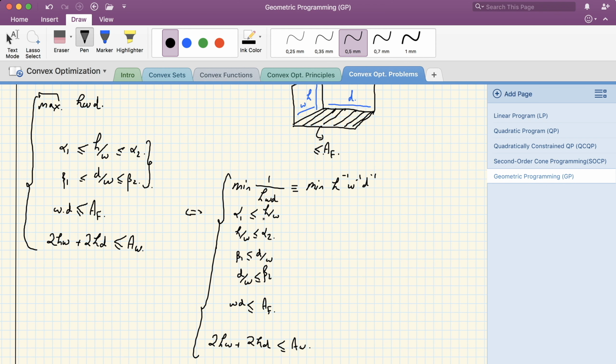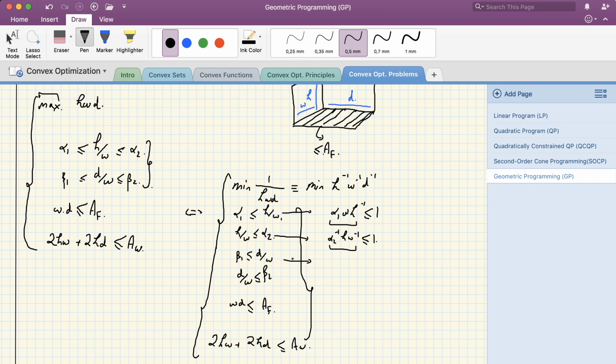Let's do the same tricks we did before. Let's find the 1 here, divide by H over W. We get alpha 1 W H^-1 less than 1. Polynomial, no problem. Same thing goes here: alpha 2^-1 H W^-1 less than 1. Polynomial, no problem.